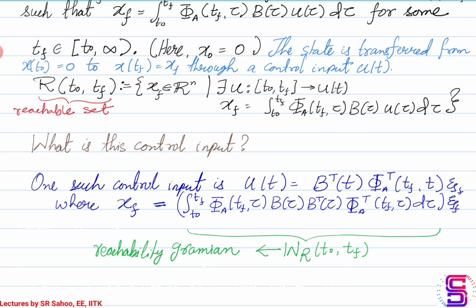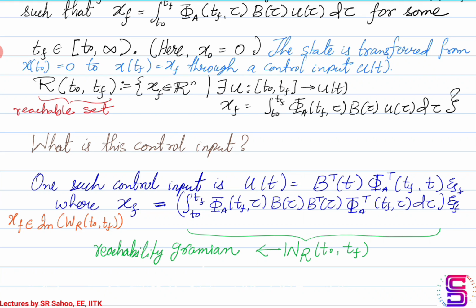All those points in the Rn space are considered to be reachable if you can find the input corresponding to that point such that the zero state response starting from t0 ending at tf takes the solution trajectory to xf. So this is how the reachable set is defined. You can reach the state at a time t equal to tf starting from the origin.